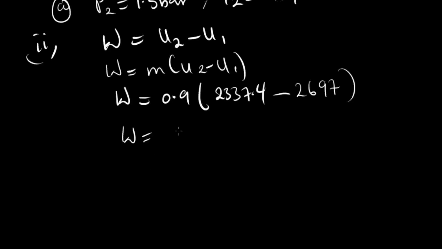Finally our work done will be minus 359.6 kilojoules, because we have multiplied by the mass, so it is kilojoules, not per kilogram.